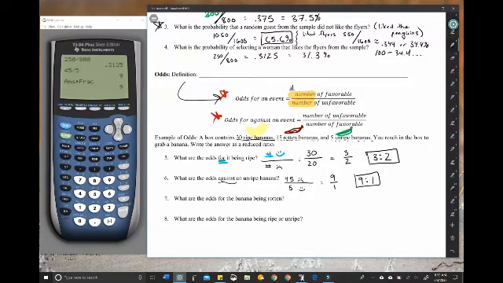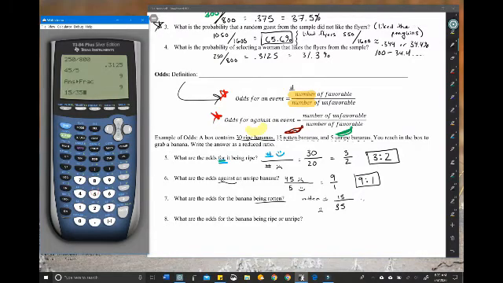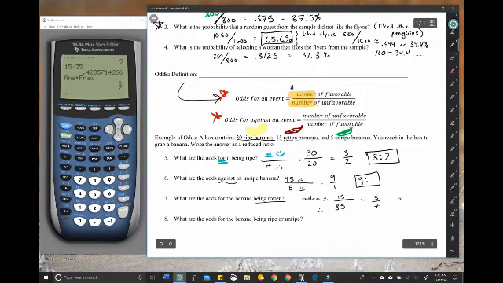The odds for the banana being rotten. So we want rotten up top, and rotten would be 15. And we want everything else down below. So everything else would be, not 45, 35. 15 over 35. Okay, write it as a reduced fraction this time, 3/7, or 3 to 7.